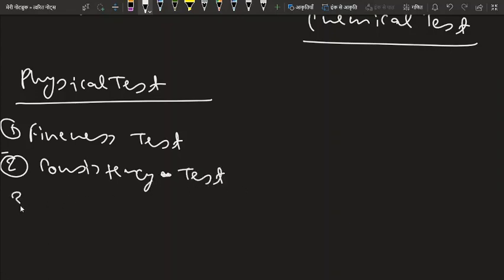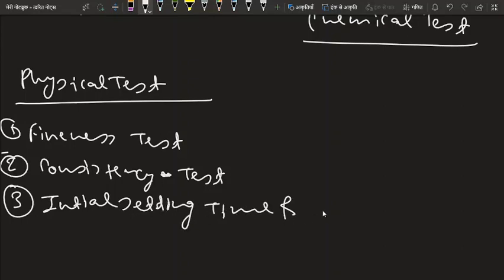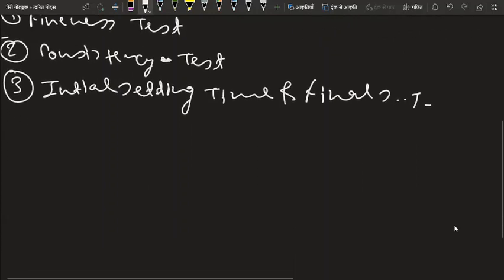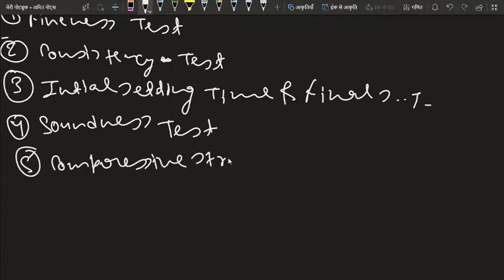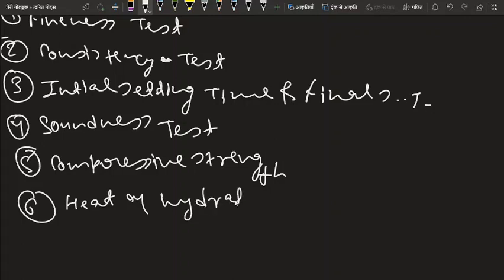The third one is initial setting time and final setting time test. The fourth one is the soundness test, then compressive strength test of cement, then heat of hydration test, and then specific gravity test.